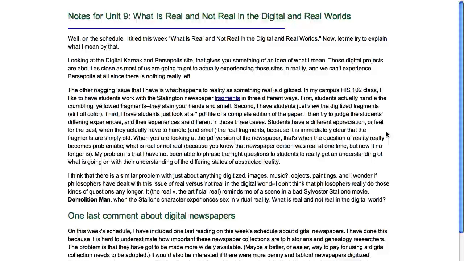Now that's much different from the student just looking at a PDF version on a laptop or a PC screen. They don't really convey any of that kind of sensory perception. And so the whole study of history changes a lot.